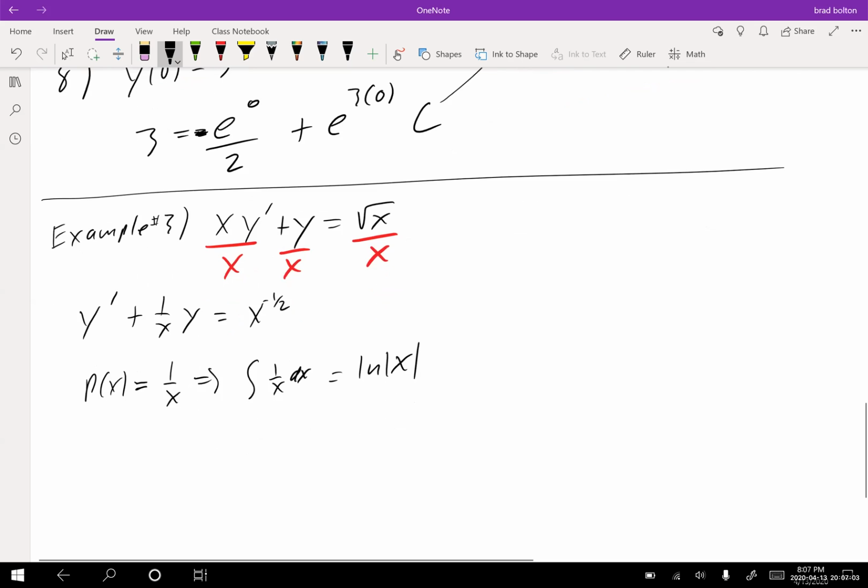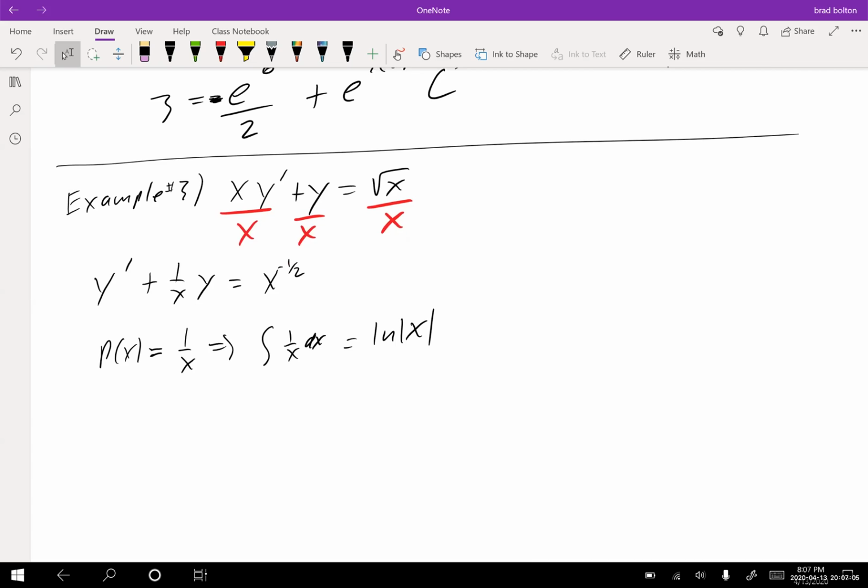And then step 4 says that we have to multiply e to this. So we're going to multiply the entire equation by e to the ln of x. So we're going to do e to the ln of x times our entire equation, which would be y prime plus 1 over x y equals x to the negative 1/2.